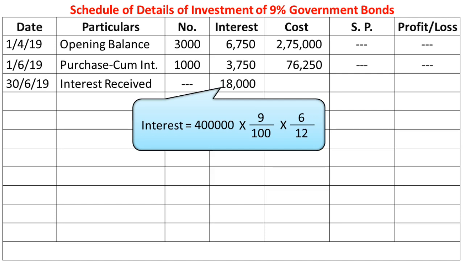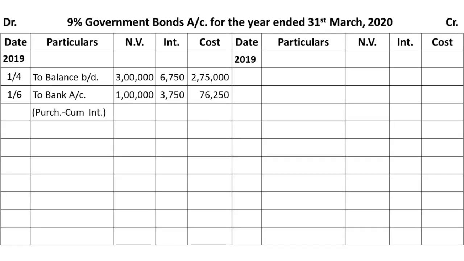So the answer is rupees 18,000. Now we'll record this interest received in the investment account. Since interest received is an income, we have to record it on the credit side. So we'll put up the date 30th June, by cash bank account, only in the column of interest, rupees 18,000. In the bracket we'll write interest received.